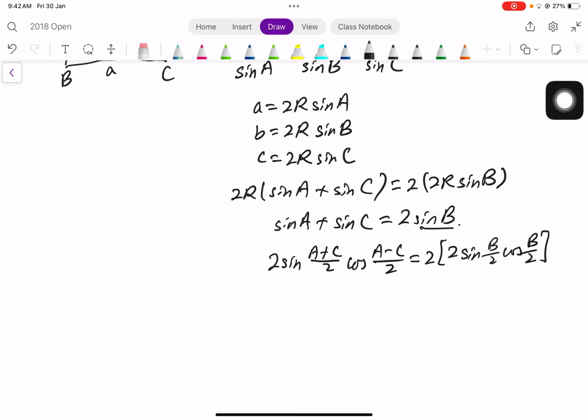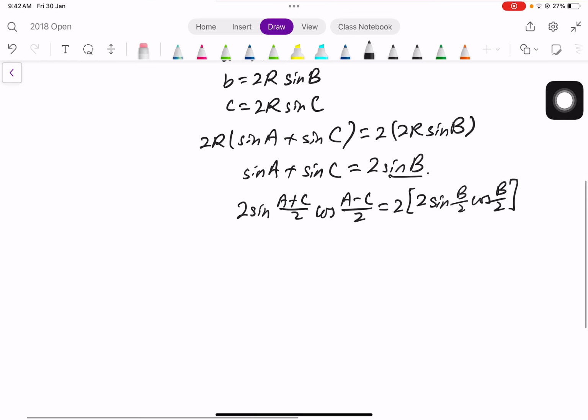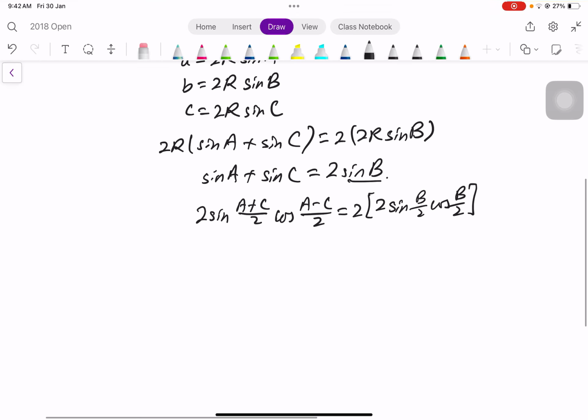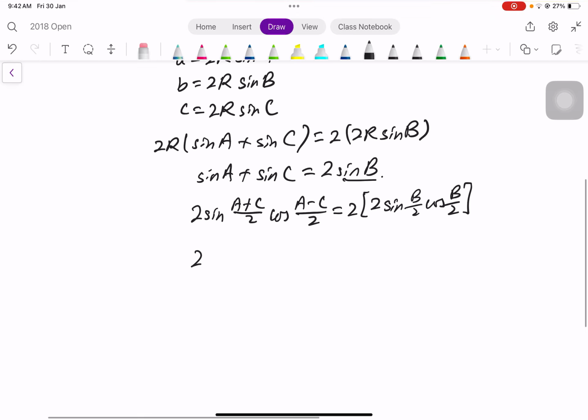Then the sum of angles of a triangle is 180, therefore (A plus C) over 2 is pi over 2 minus B over 2. We can cancel the 2, so this will be equal to 2 sine B over 2 cosine B over 2.